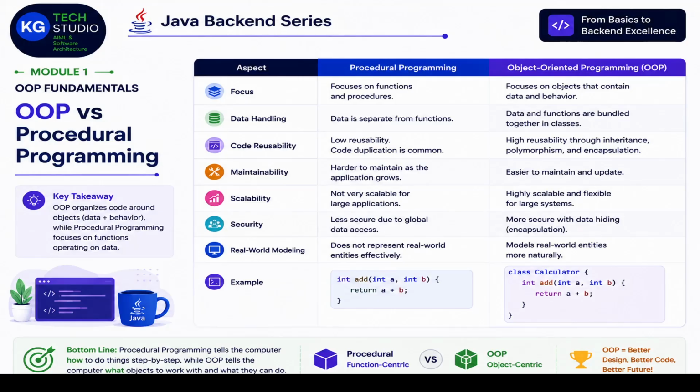That's how it also helps me to secure my data from other objects, right? So I hope this also clears your understanding about object-oriented programming, its multiple dimensions, and why it is better than procedural programming.